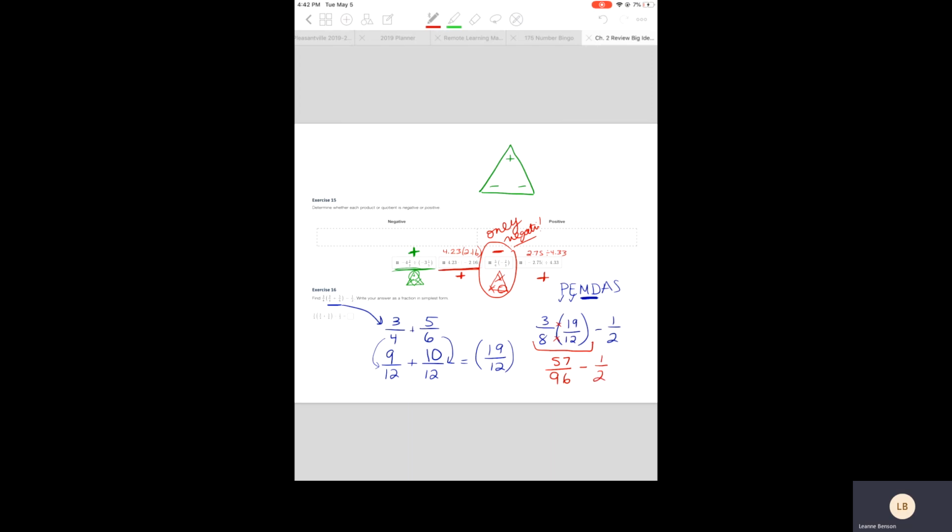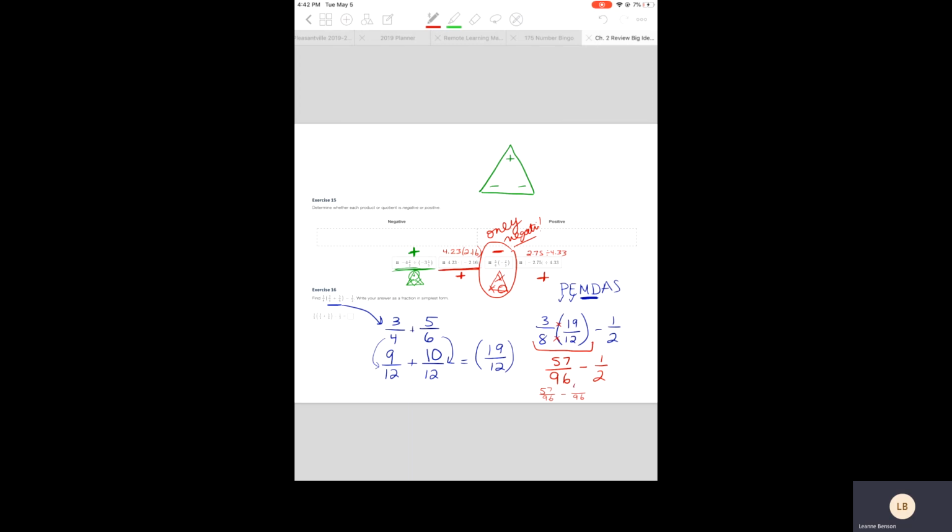Here we have an ugly situation because you have very different denominators, but technically we can use 96 as the common denominator. This will stay. So my setup will be 57 over 96 minus, to get from 1/2 to 96, I do 2 times 48.